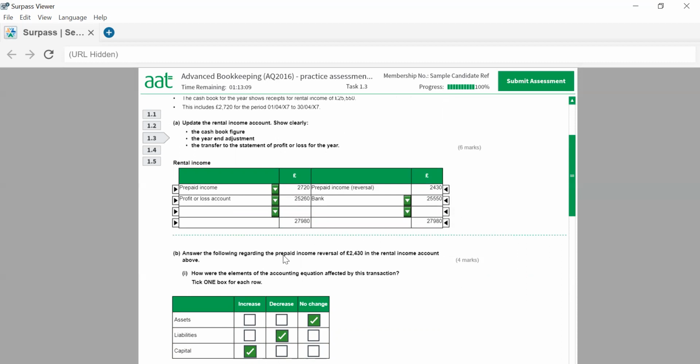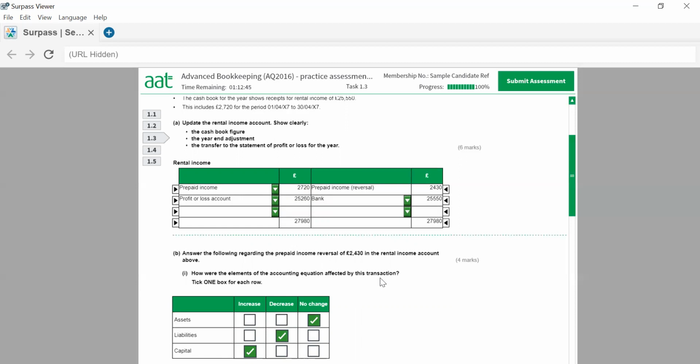So it says, answer the following regarding the prepaid reversal. There's 2,430 in the rental income account. How were the elements of the accounting equation affected by this particular transaction? As far as the assets are concerned, this is income at the end of the day, so it's not going to have any impact on the actual assets.